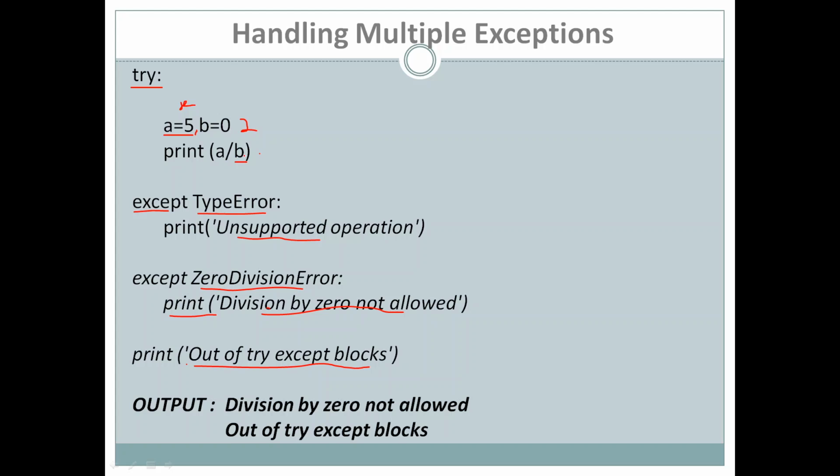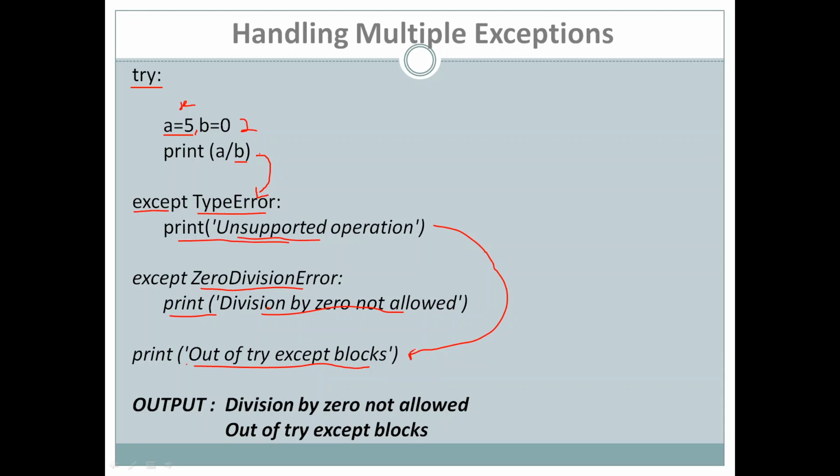So when it throws a type error, it goes to the first except block, and that exception is evaluated against the exception which is declared here, and as it matches, the block of code is executed, and again from that point it goes out of the except block and executes out of try except blocks, and the program ends. Now this is how multiple exceptions can be handled in Python.